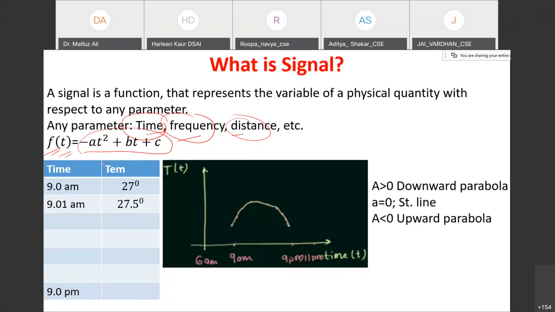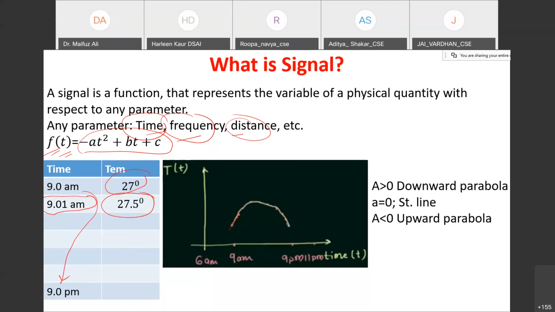If you go outside your room and measure the temperature at one-minute intervals, at 9 a.m. your temperature is 27 degrees, and at 9:01 it is 27.5, and you measure the temperature up to 9 p.m. and plot it.